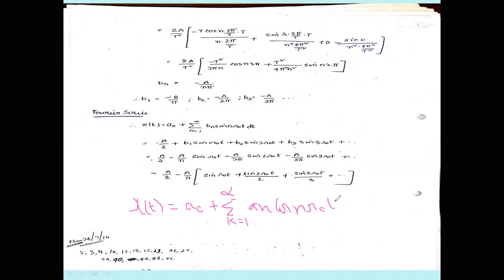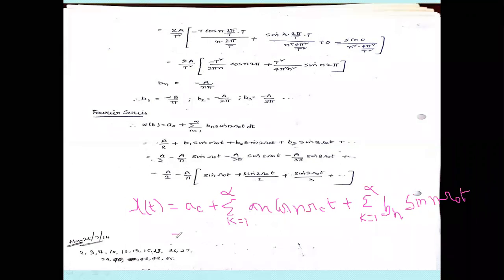Or otherwise, directly you can substitute x of t is equal to a naught plus the sum of k equal to 1 to infinite an cos n omega naught t plus the sum of k equal to 1 to infinite bn sine n omega naught t. Following, my dear students.